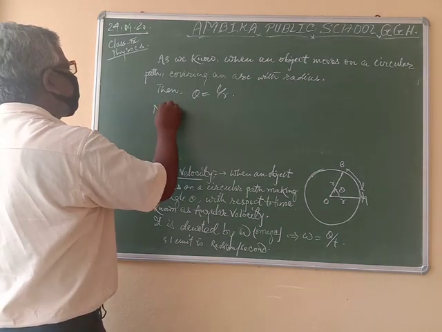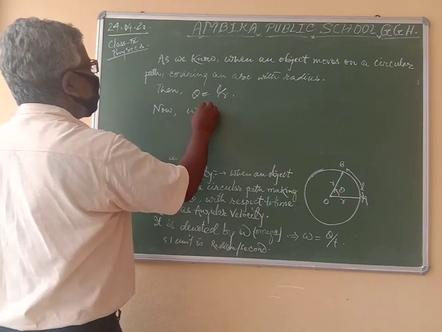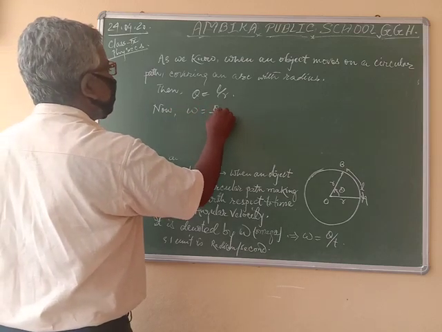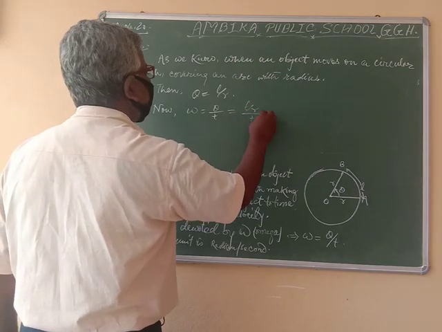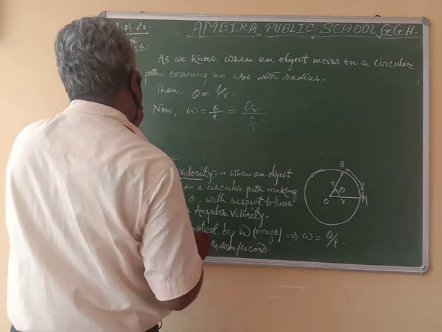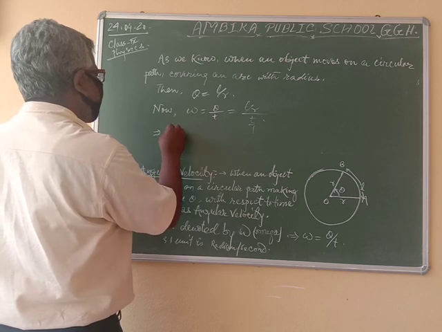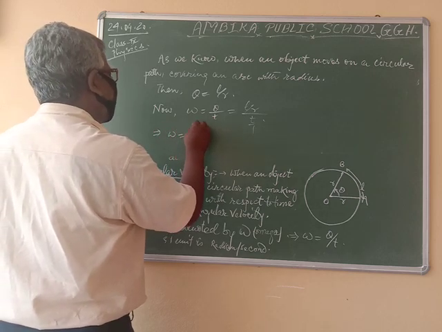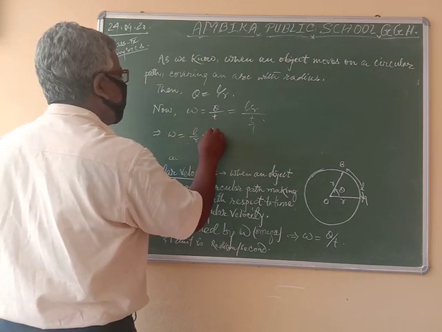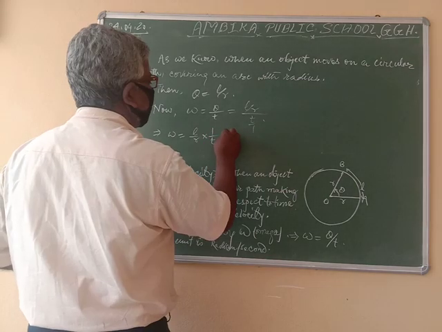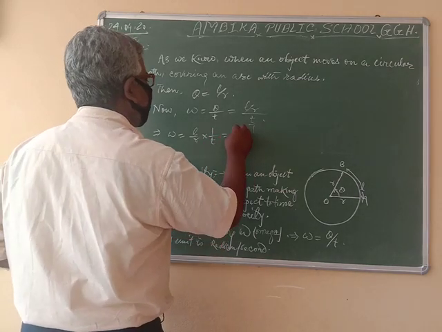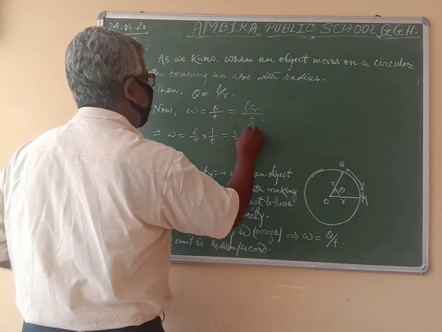Now, as I have written, omega is equal to theta by t. This is L by R by t. Implies that omega is equal to L by R into 1 by t. This is 1 by R into L by t.